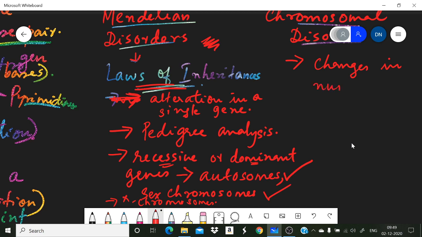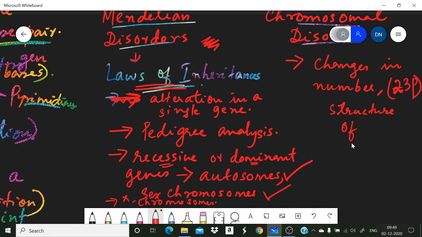Changes in number as well as structure of chromosome, that is chromosomal disorder.